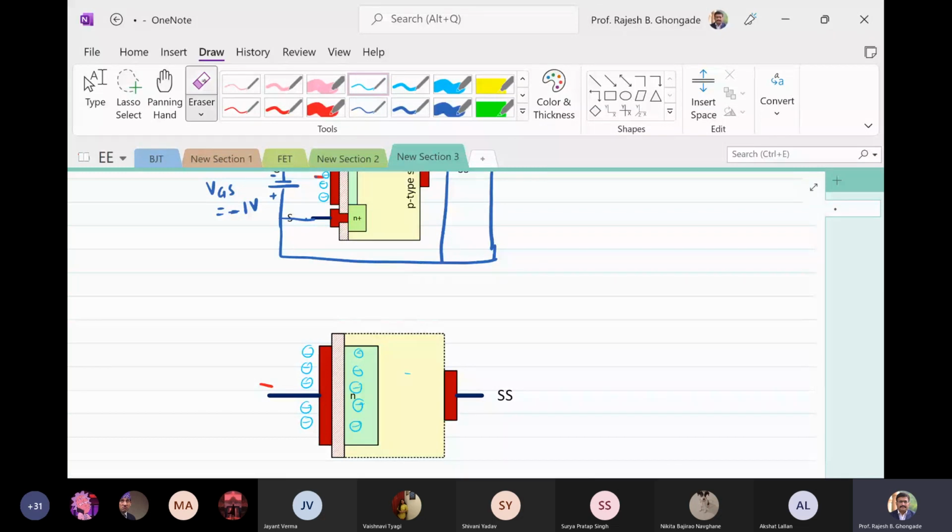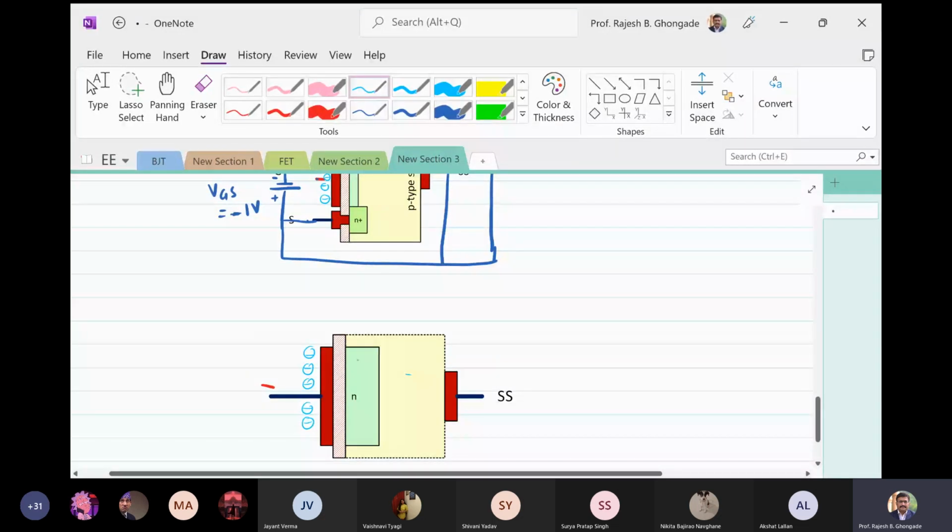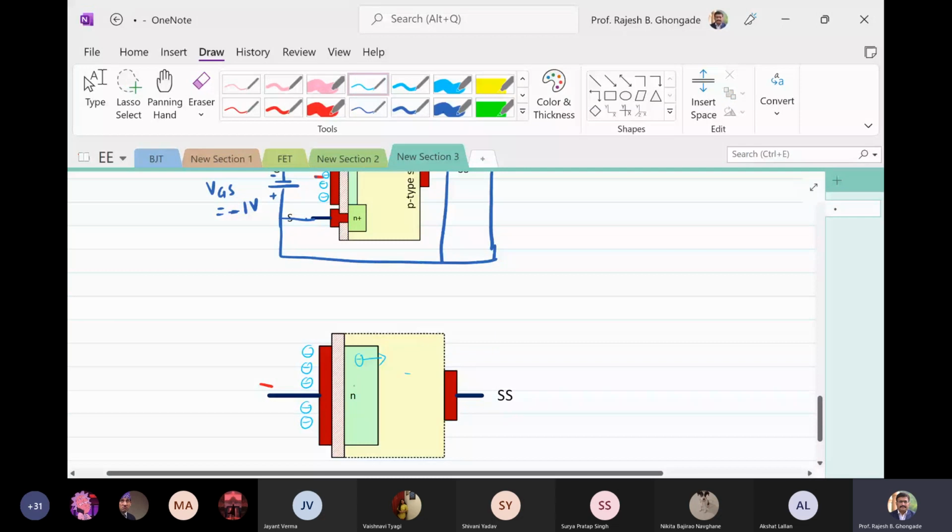They will start getting pushed. So these electrons will be pushed here. They will be pushed away from the junction, away from this interface.